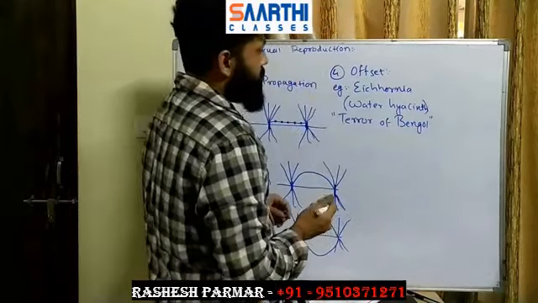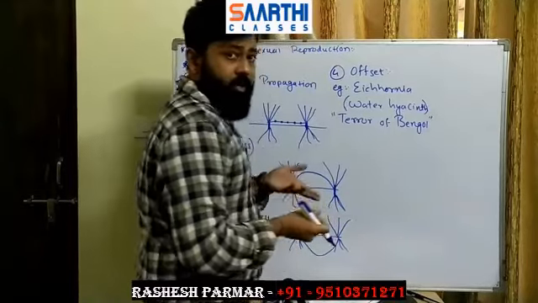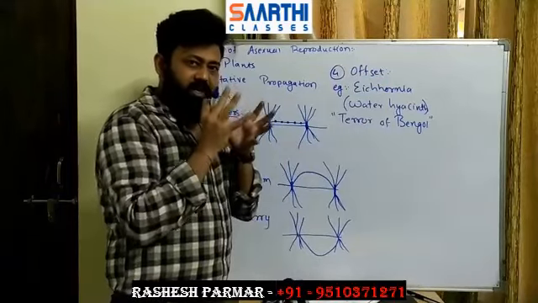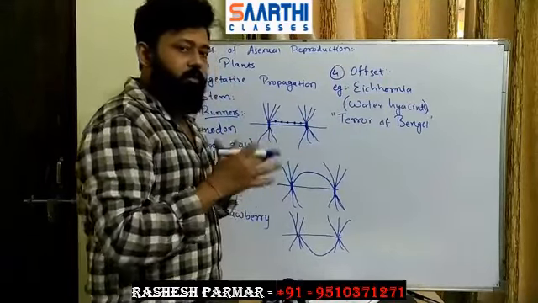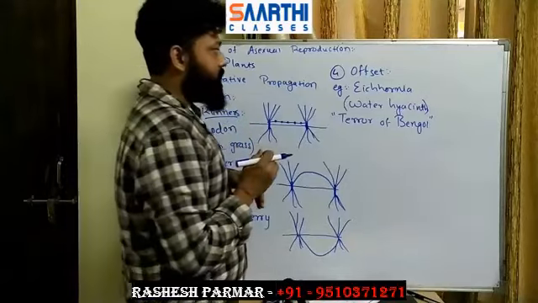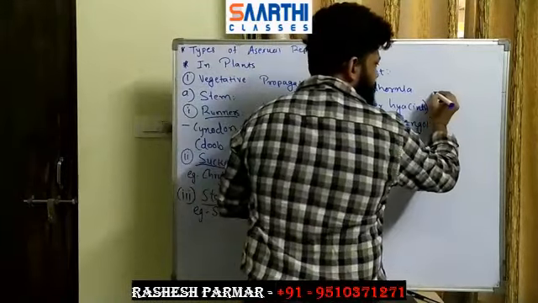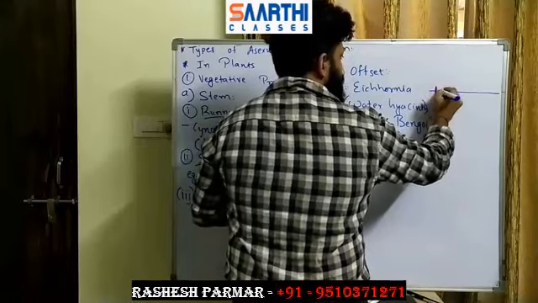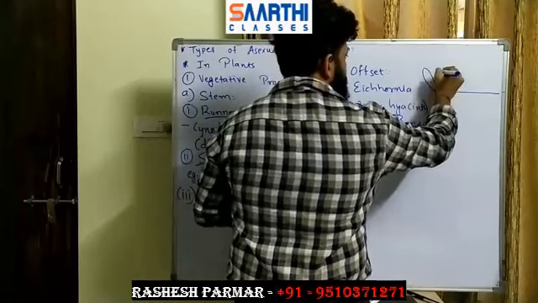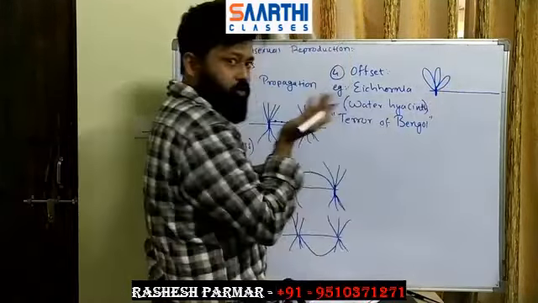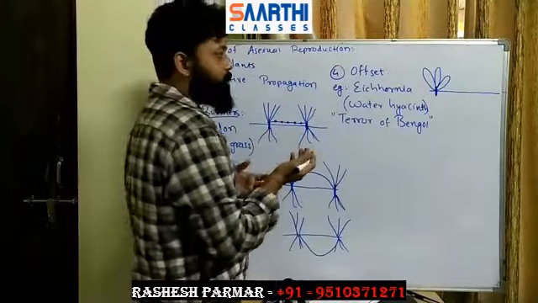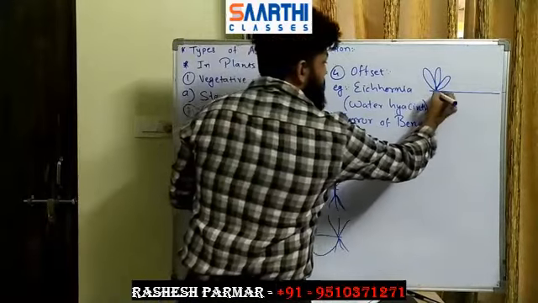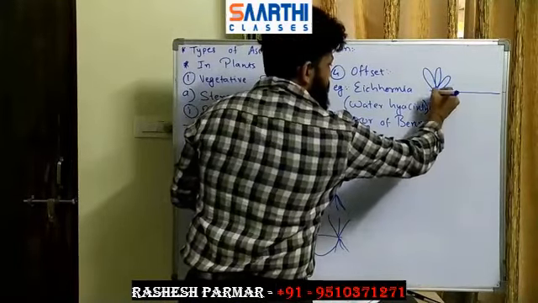Now these are aquatic plants, so they contain parenchyma cells and we observe inflated parts. Let's say this is the water surface, and we grew one plant. These are inflated leaves which can float on the water, and the roots of this plant are inflated as well, due to the presence of parenchyma cells.